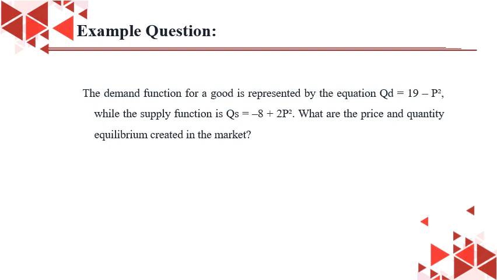Given that, we have here two functions. First of all, QD equal 19 minus PD squared, and QS is minus 8 plus 2PS squared. So the question is, what is PE and QE?